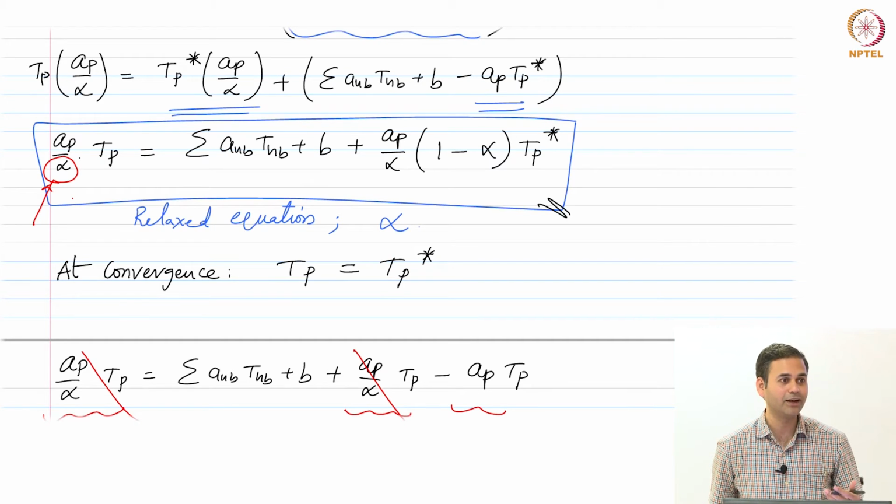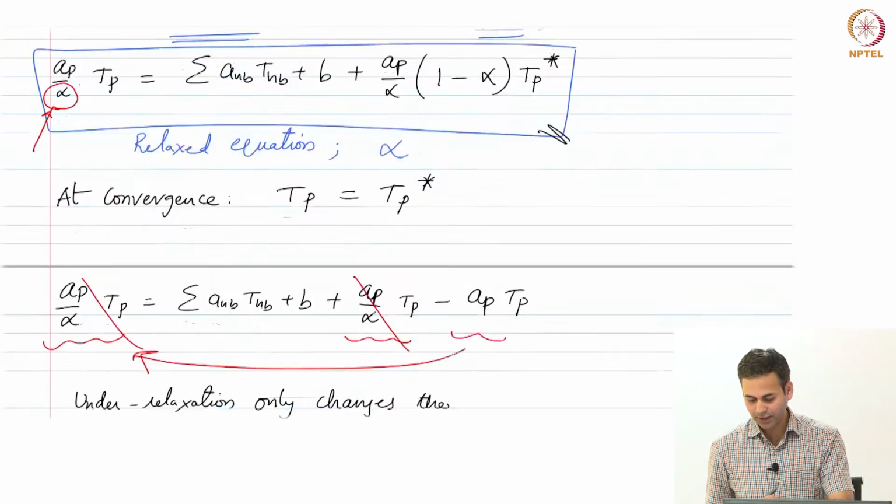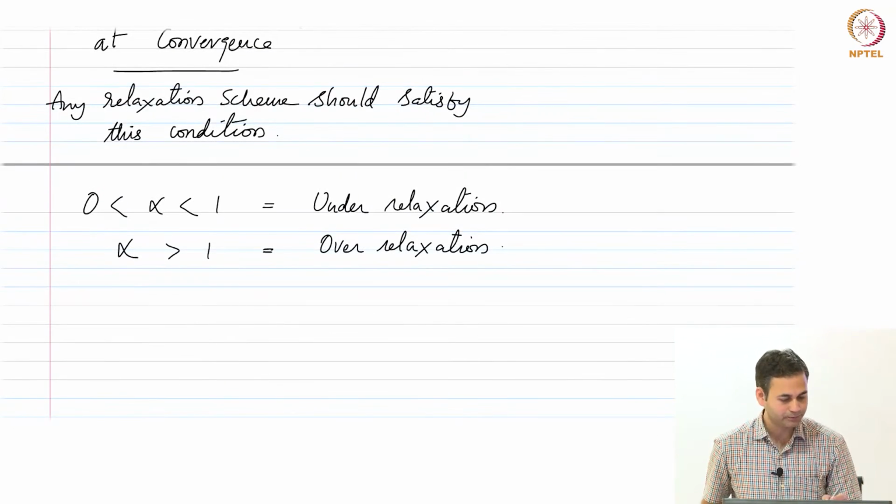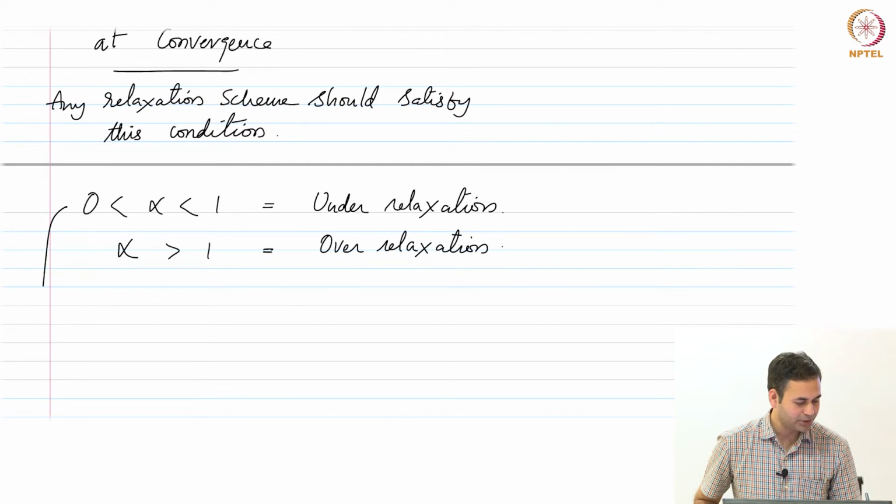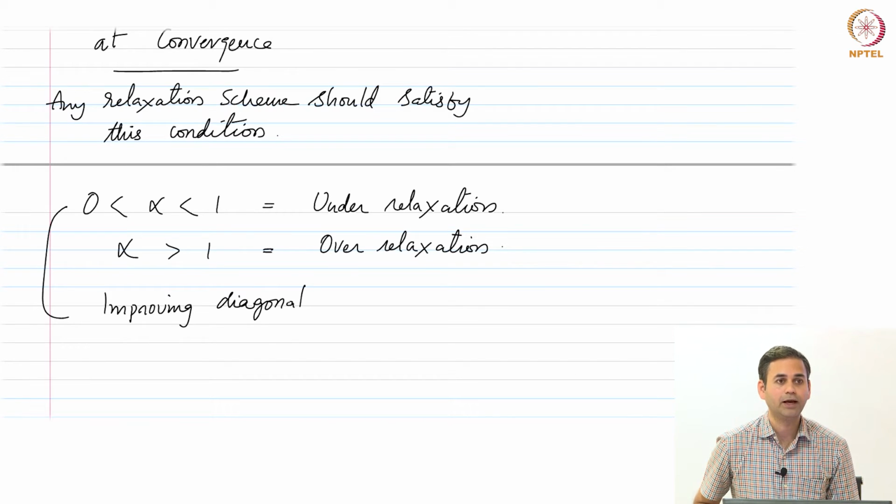So, essentially under relaxation is increasing your diagonal dominance. As a result, it is helping you converge your system in a better way. So, under relaxation is improving diagonal dominance, or it is helping you satisfy the Scarborough criteria much more strongly.